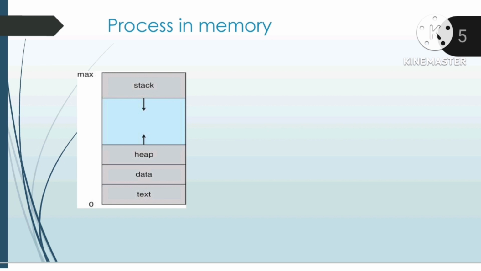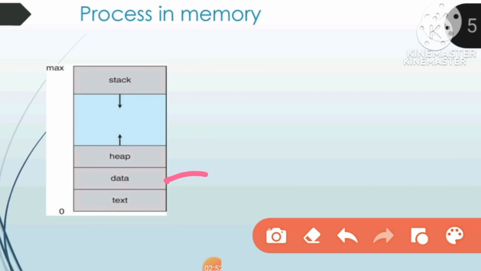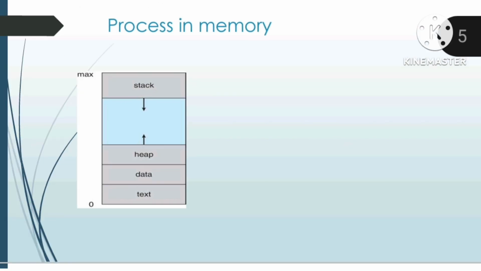So they are called static variables. Global variables are also kind of static variables which have to be given access to everything in the process. But understand that these two, static as well as global, are supposed to be created once and they are supposed to exist forever.